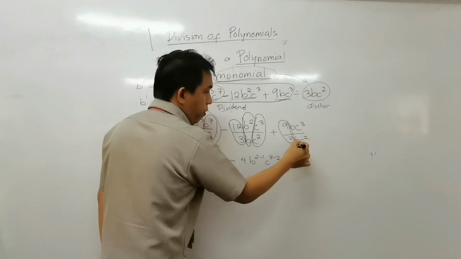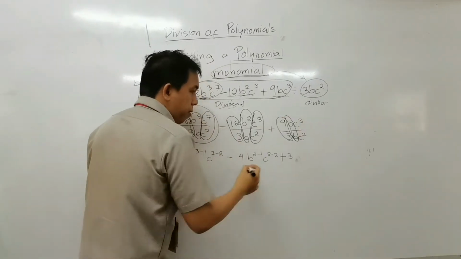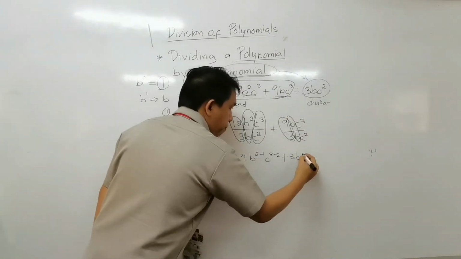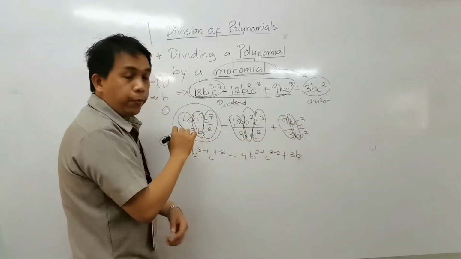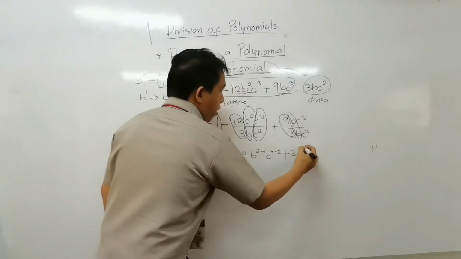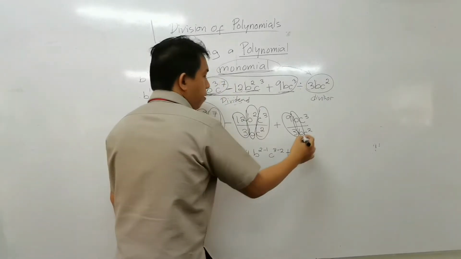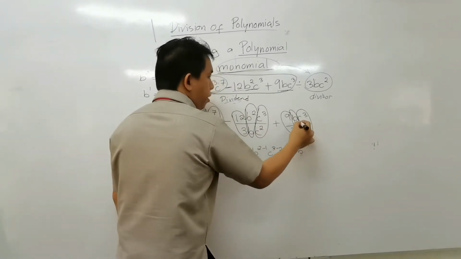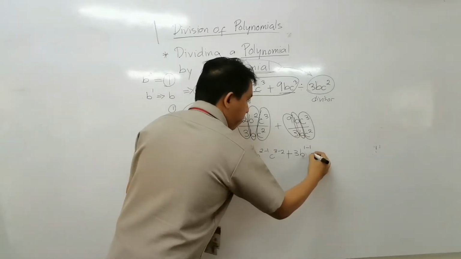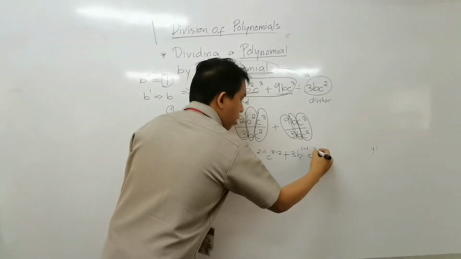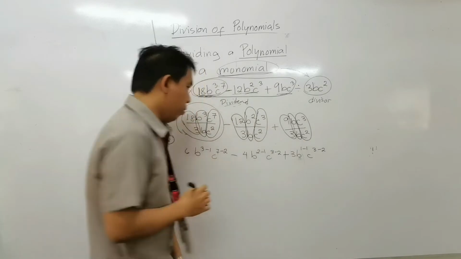So we have b here. So 3b. Again, if there is no exponent, it is considered as 1. So 1 minus 1. Next, they have also a common variable, which is the c. So we have c to the power of 3 minus 2.